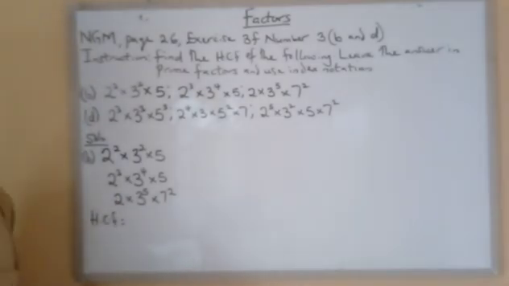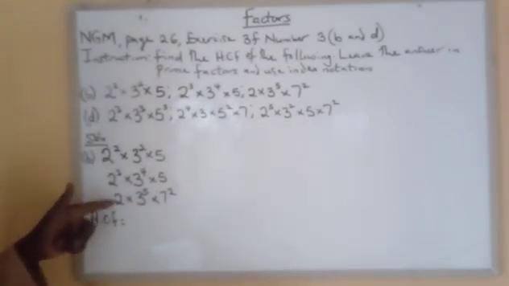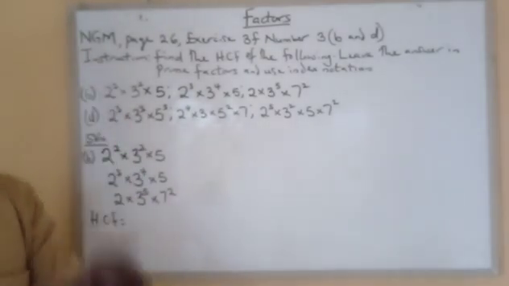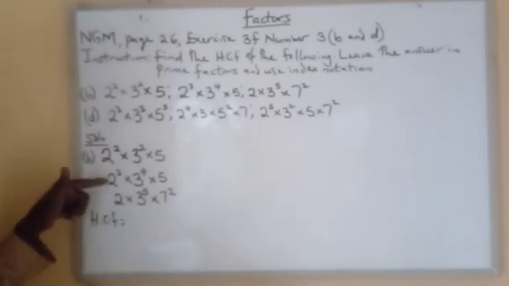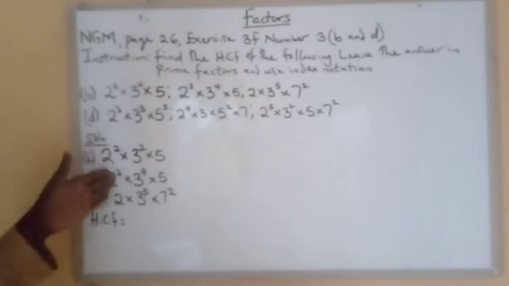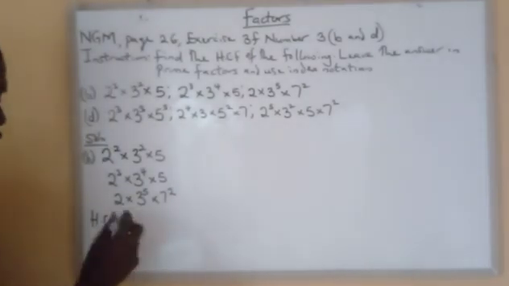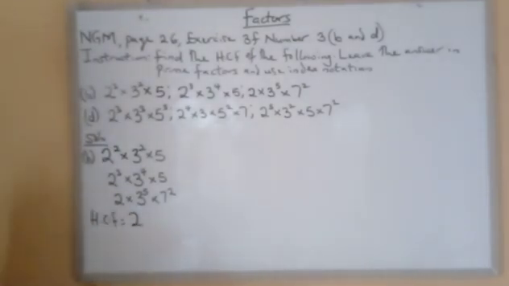So you will now see clearly that the number of 2s that is common here is just one 2. One 2 is here, 3 2s are here, 2 2s are here. So the 2 that is common to all of these 3 expressions is only one single 2. So we put 2 here, meaning 2 is common.